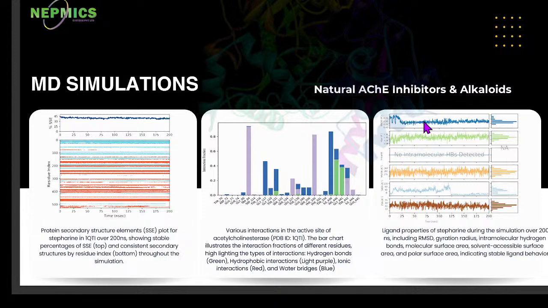RMSD, we have already discussed. Next is the radius of gyration, which measures the compactness, or the size of the molecule in the simulation, and it also gives the average distance of all the atoms of the molecule from the center of mass, or the center of the molecule. A low radius of gyration directly signifies the molecule is more compact.